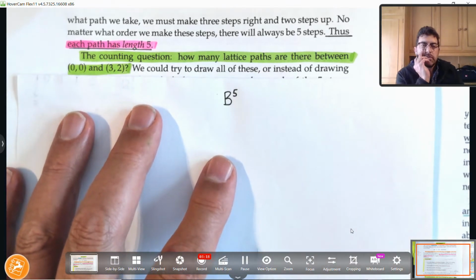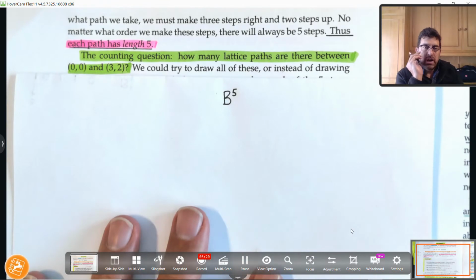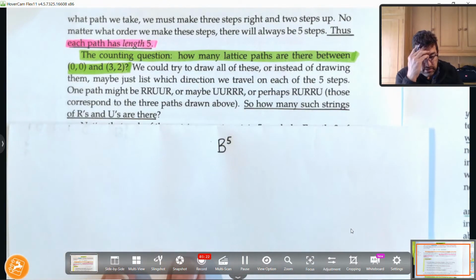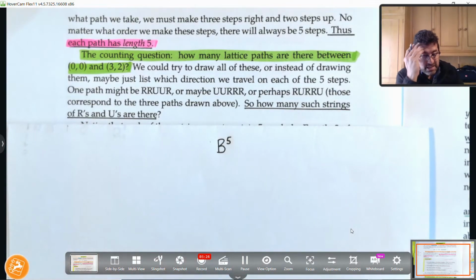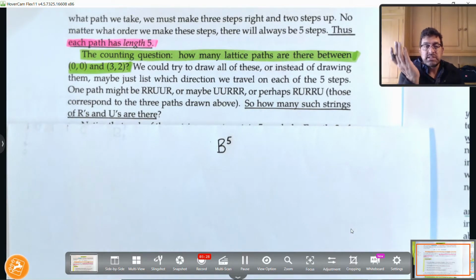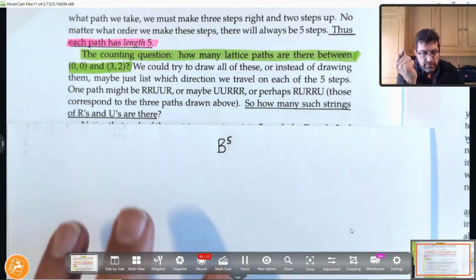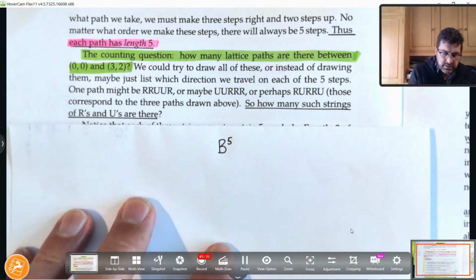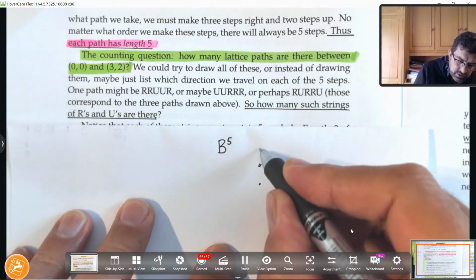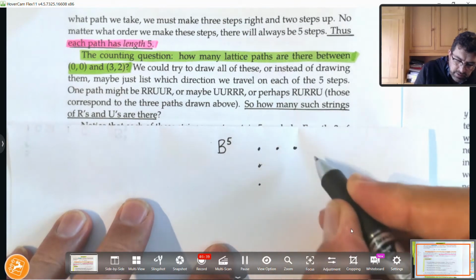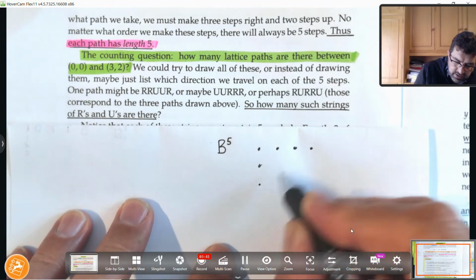Now for the counting question, how many lattice paths are there between 0, 0 and 3, 2? We could try to draw all of these, but instead of drawing all of them, maybe just list which direction we travel on for the 5 steps. So remember, we had 2 going up, 3 going to the right.